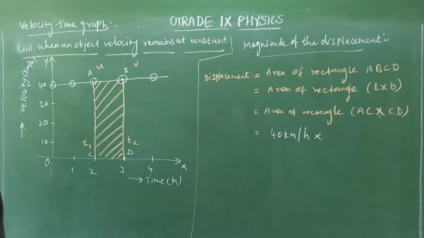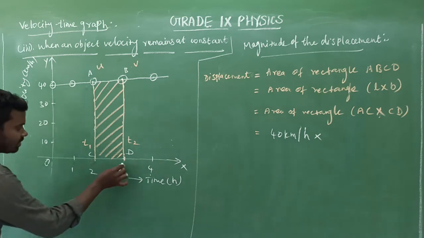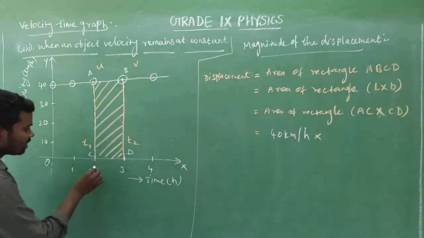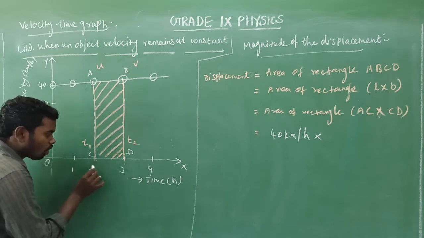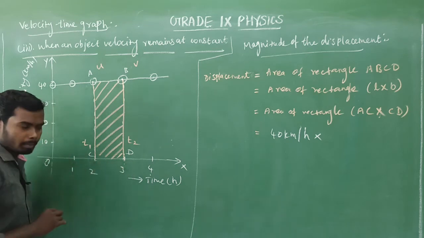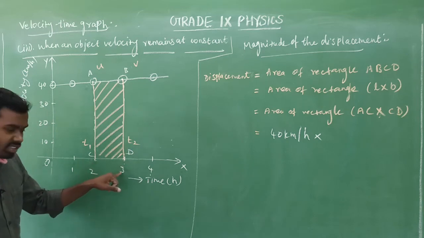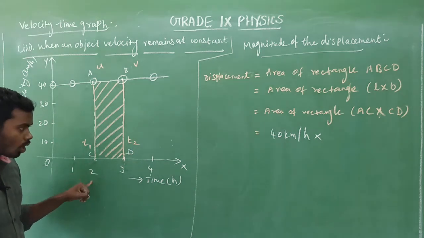What is the CD value? You tell me. Yes, time interval, because CD is on the x-axis. The time interval is how much? This is 1 hour, because the T2 value is 3 hours and the T1 value is 2 hours.